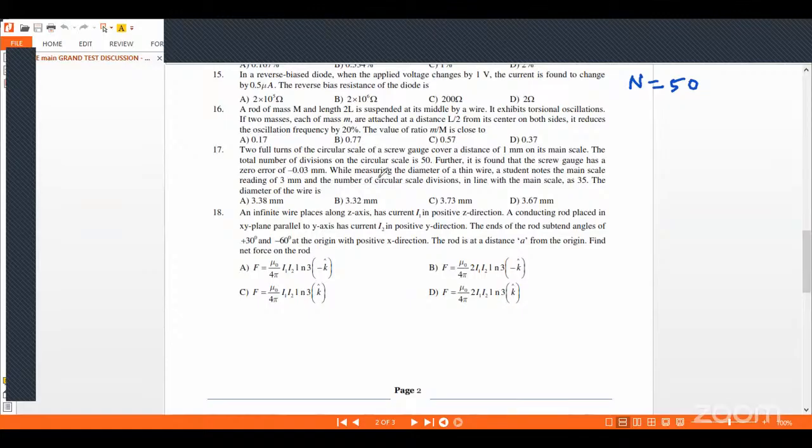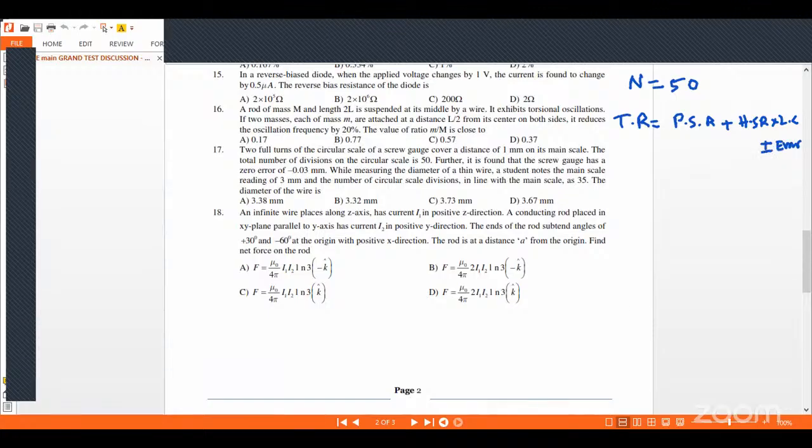While measuring the diameter of a wire, the main scale reading is 3 mm and the number of circular scale divisions in line is 35. So, the total reading is the pitch scale reading plus the head scale reading times the least count, plus or minus the error.